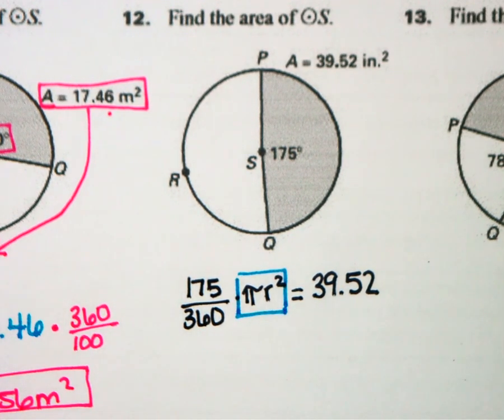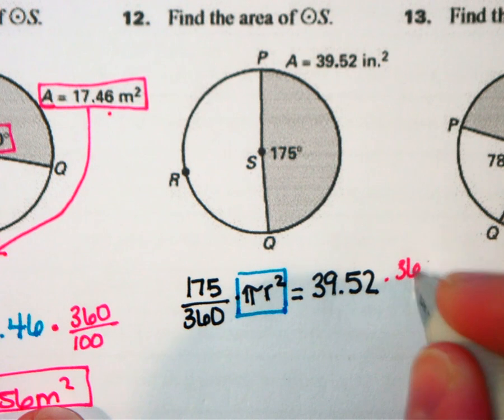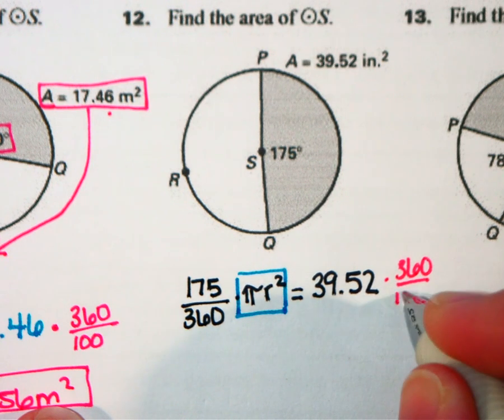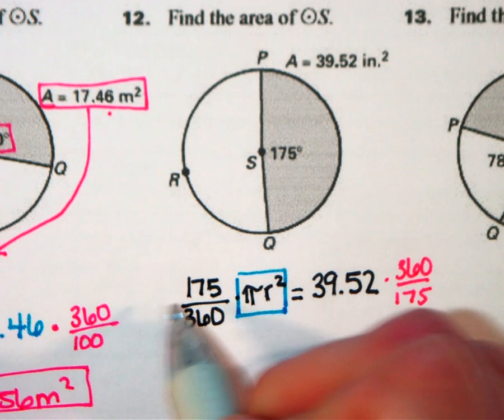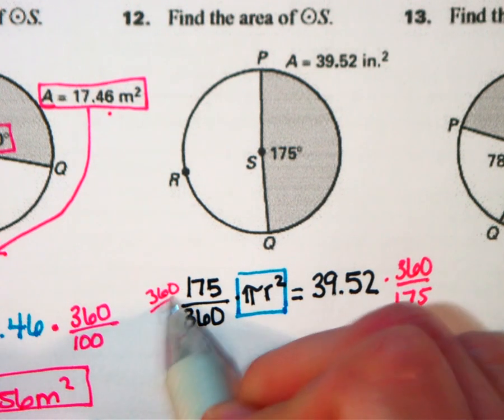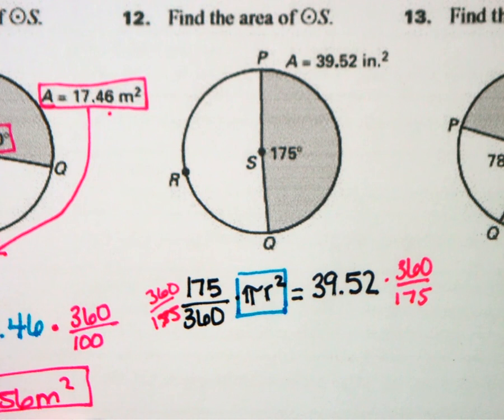What you're trying to get rid of on both sides is this 175 over 360. To get rid of it, I'm going to multiply by the opposite, upside down, or reciprocal fraction, so 360 over 175, and I'll get my area.